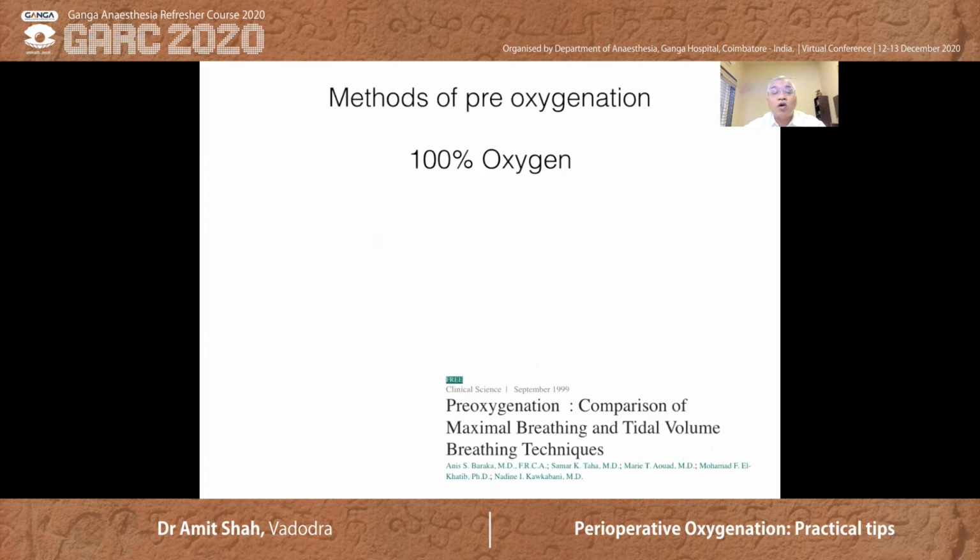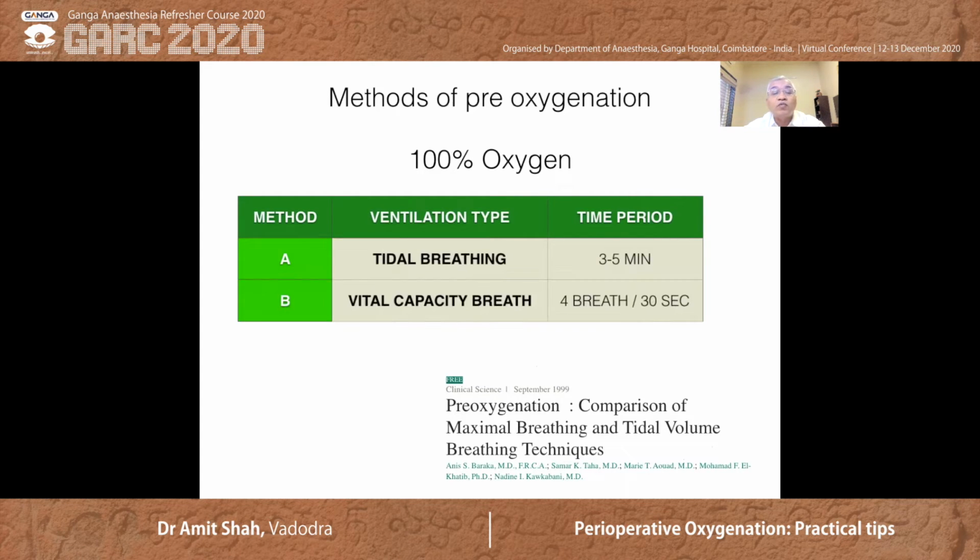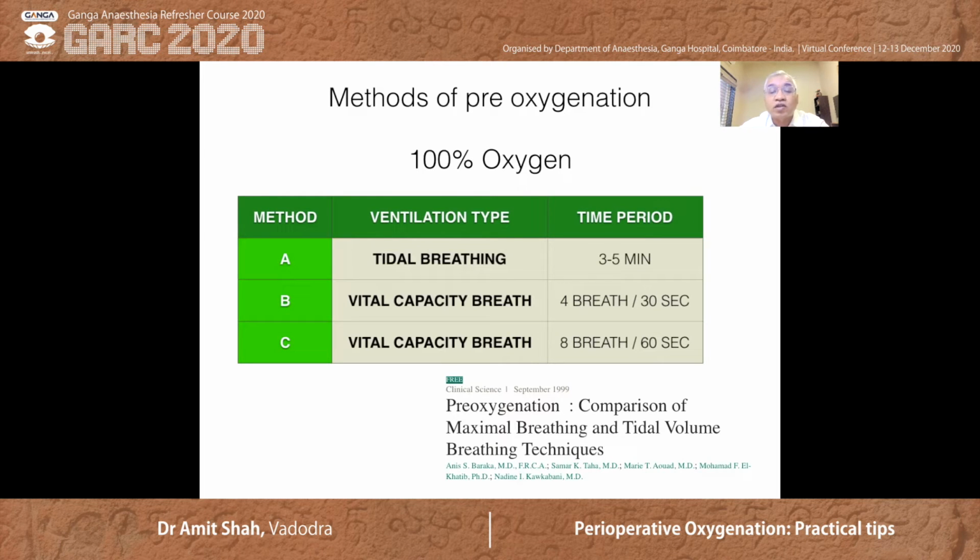So methods of pre-oxygenation, there are various methods on this consideration of the concept which we already discussed. It could be tidal breathing for 3 to 5 minutes. It could be vital capacity breath, 4 breaths over 30 seconds, or 8 breaths over 60 seconds.